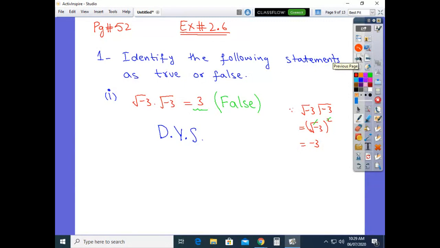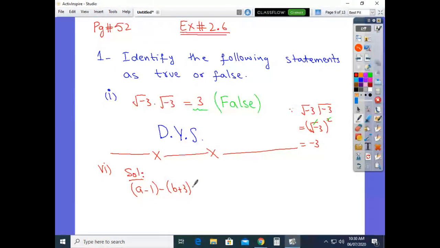We have the 6th part in question number one. Okay, here we solve the 6th part of question number one. After the solution we write here a negative 1 with negative b plus 3 iota is equal to 5 plus 8 iota.